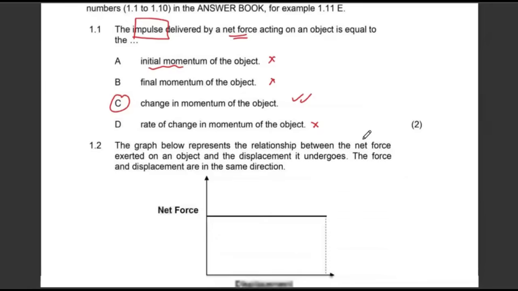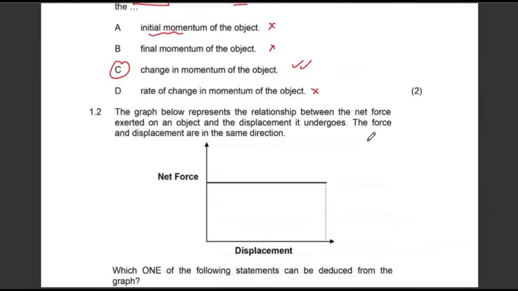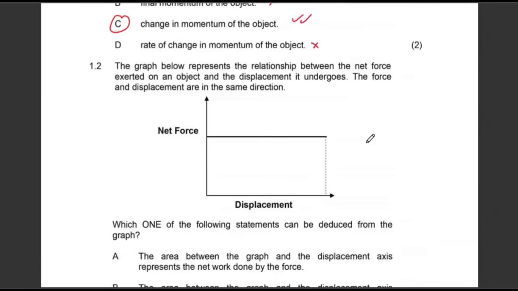Then 1.2, the graph below represents the relationship between the net force and the displacement it undergoes. The force and displacement are in the same direction. So if we have F net on one axis and delta x on the other, what are they looking for here?